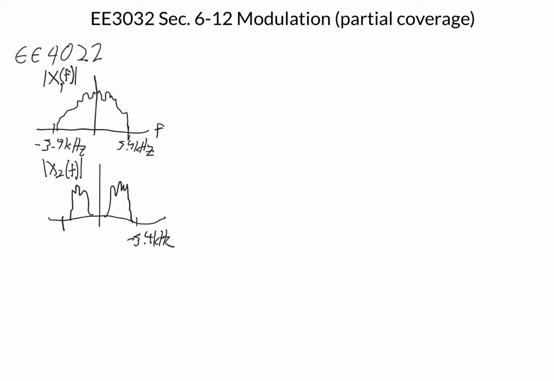And if we're talking about radio transmission, we are usually in the high kilohertz to low megahertz range for radio transmissions. So we need some way to modulate or take a signal and move it up to the higher frequencies.